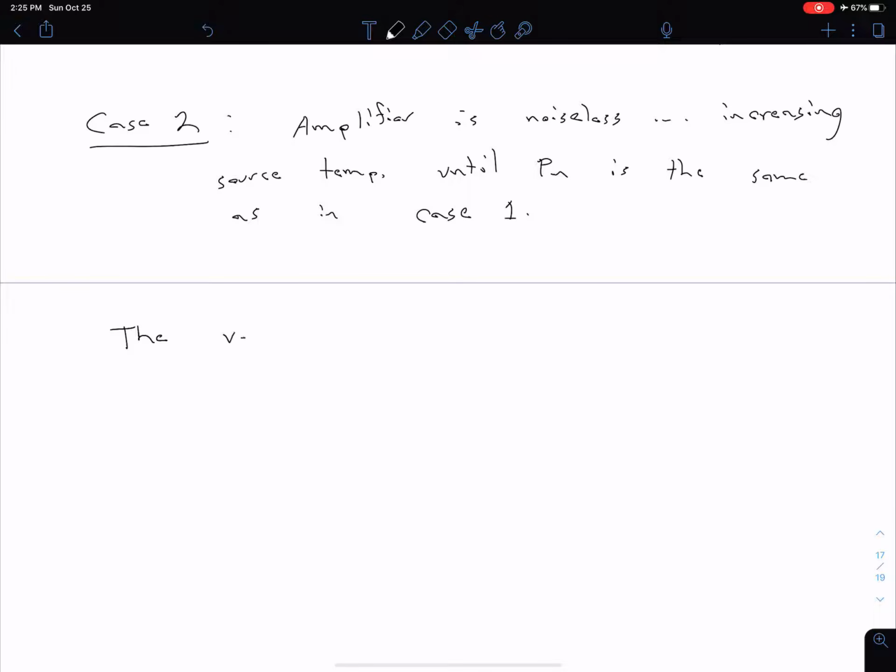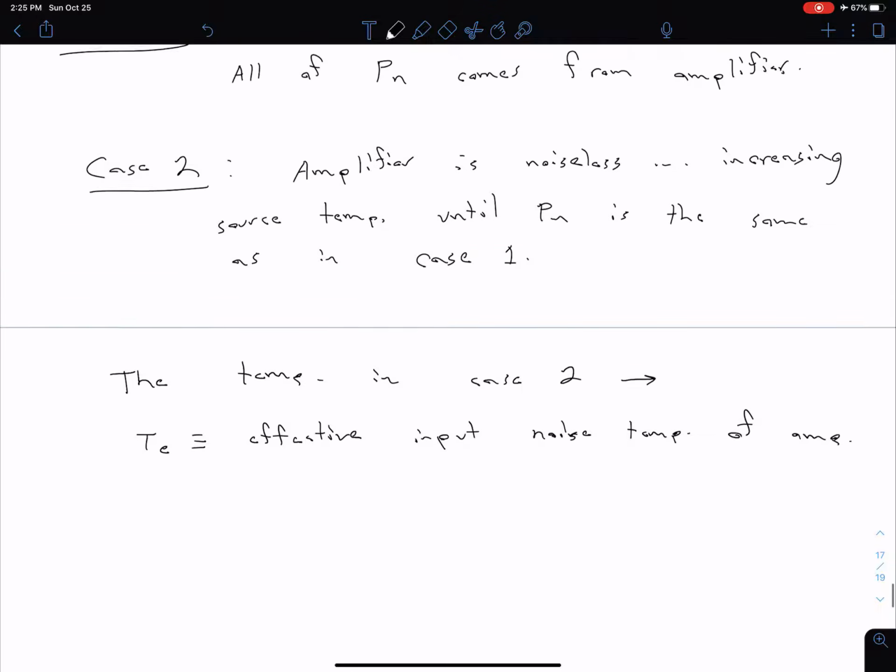Whatever temperature in case 2 gives us that same P sub n is our T sub E, which is our effective input noise temp of the amplifier.